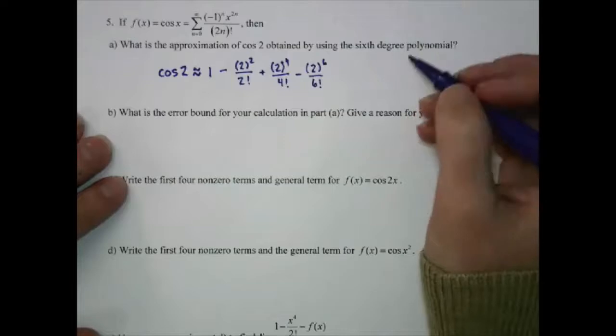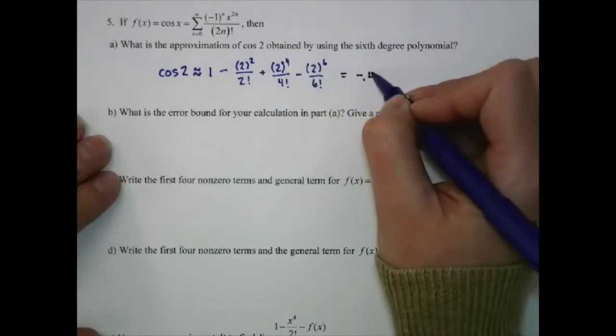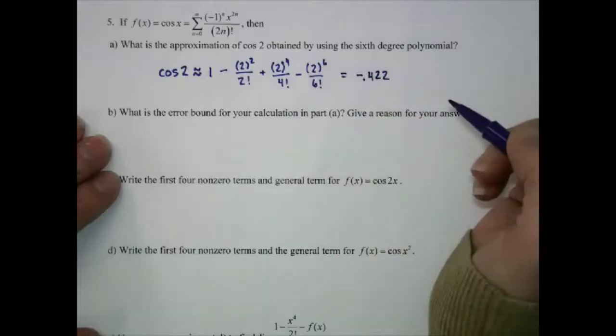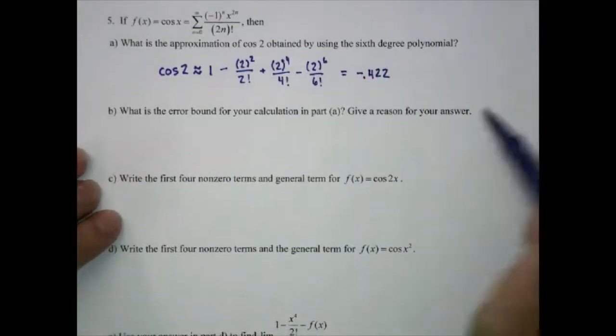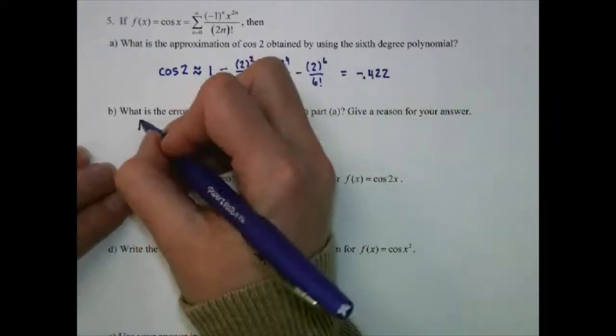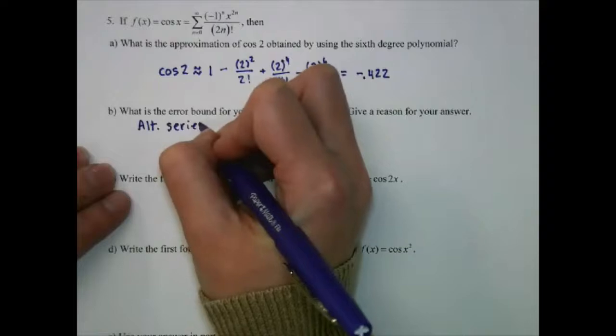Now you can leave it just like this. I will go ahead and give you the value, but you don't need to do that part. Okay, what is the error bound? Okay, this is an alternating series, so we're going to use the alternating series error bound.